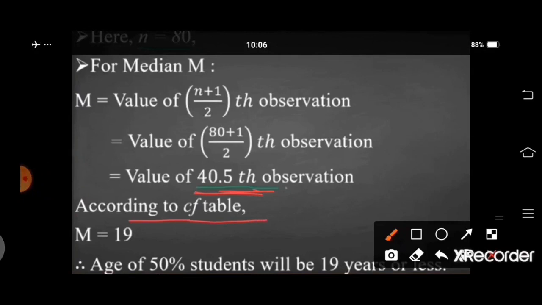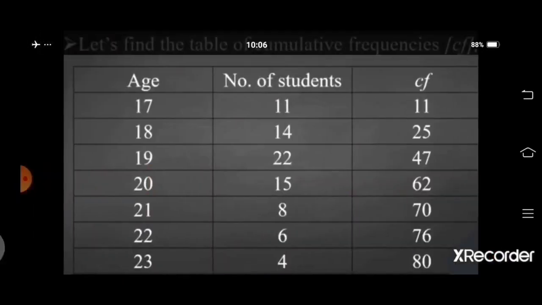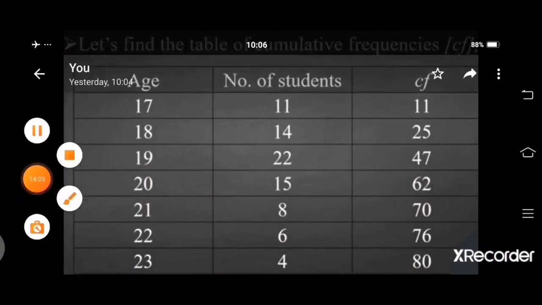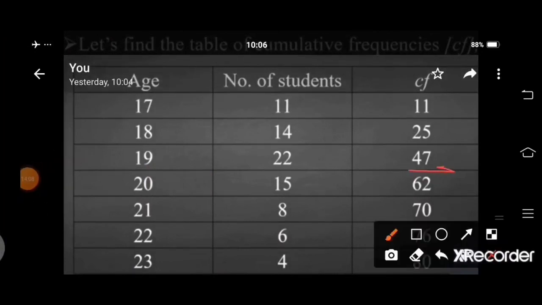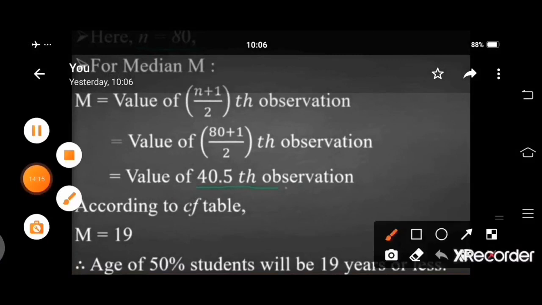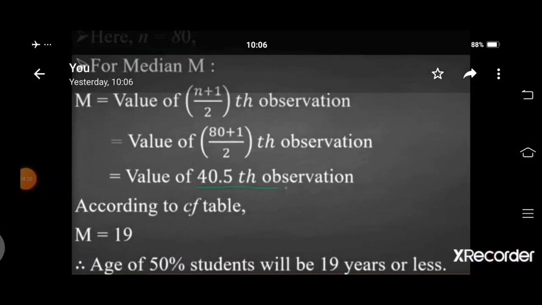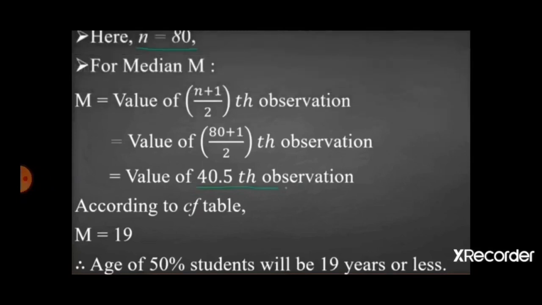So according to the CF table, 40.5 will come here. So M equal to 19 here. Age of 50% students means median, the middle class, 50% students will be 19 years or less.